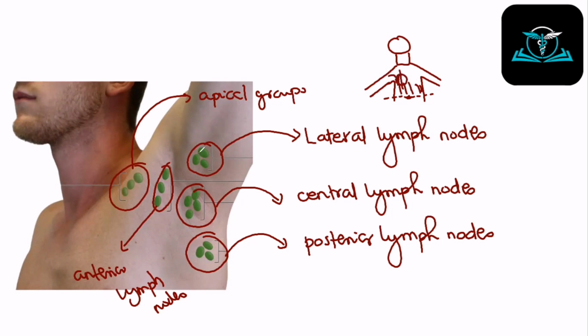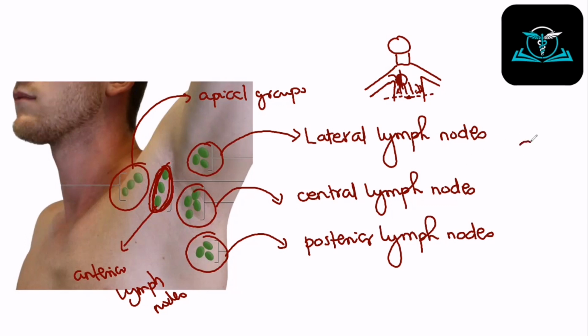Now, the group of lymph nodes which accepts from what I've just drawn is actually the anterior group. So if someone has a breast cancer here and it spreads to the axillary lymph nodes, the first one that is likely to enlarge is the anterior group. It's also known as the pectoral lymph nodes.